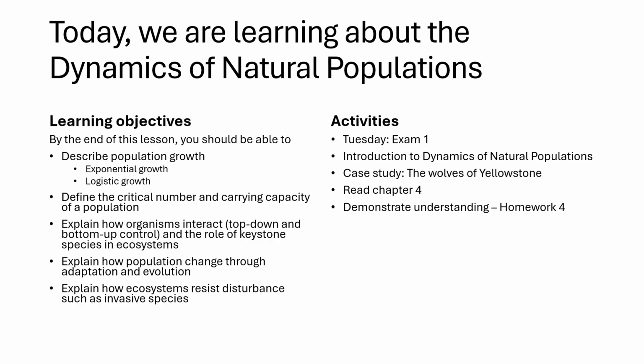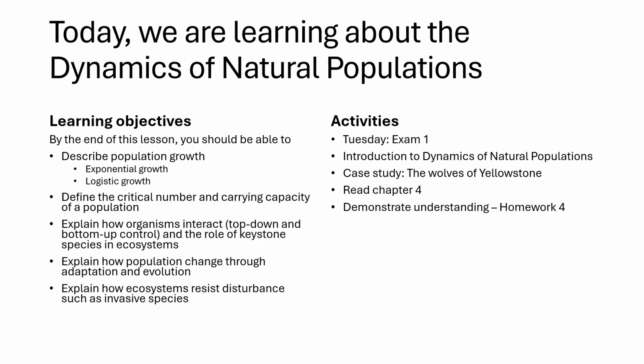By the end of this lesson, you should be able to describe what population growth is. You will see that populations grow either exponentially or following the logistic model. Those types of growth describe how many new individuals are added to populations.